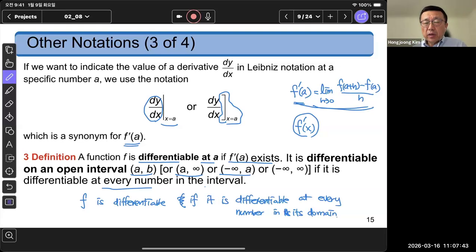In that case, we say it is just differentiable. And if I do not specify any point or interval, then that means that function will be differentiable at every number in its domain.